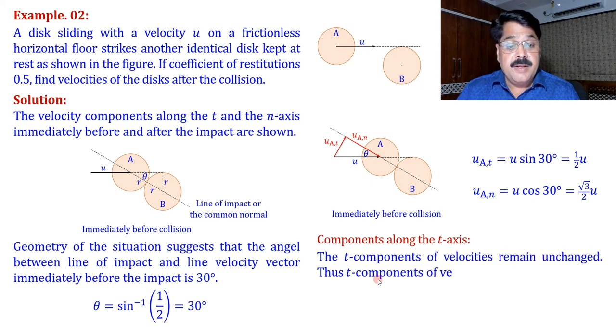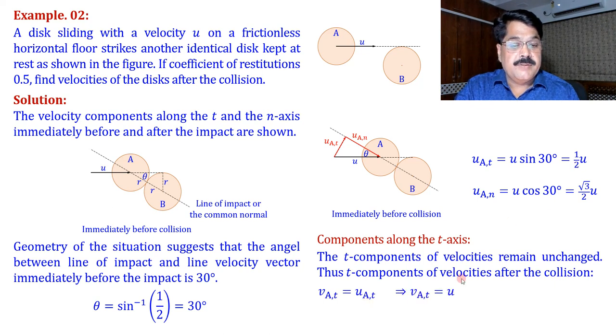Thus, the t components of velocities after the collision: vat is equal to uat, that is u sine 30, which is half u. And vbt is equal to ubt, so vbt is 0.